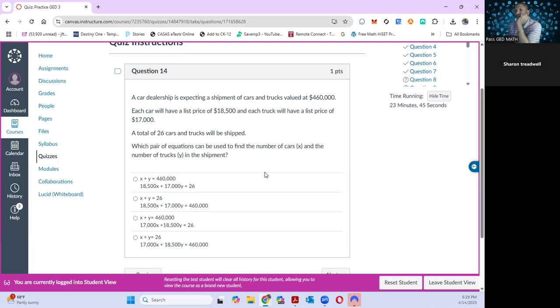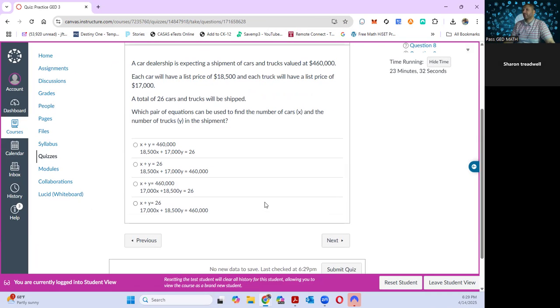You gotta do the whole equation, right? No, I just want which ones you would set up. I mean C. Which one? Wait a minute, let me make it bigger so you can see it, it's kind of small. Which pair of equations can be used to find the number of cars? Okay, I see it too. Number two, B.